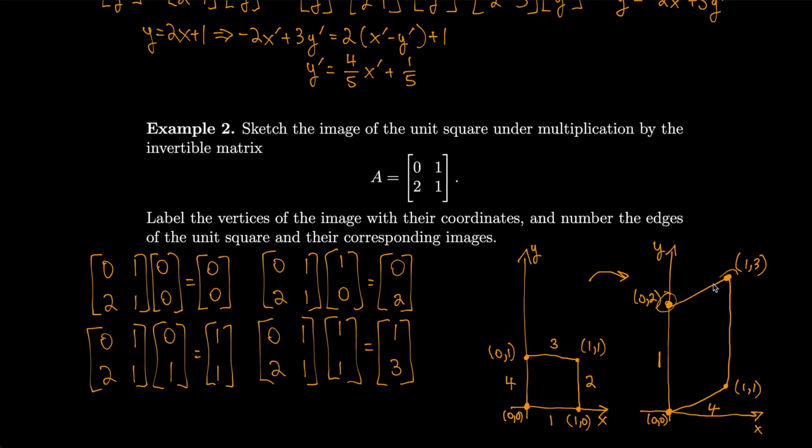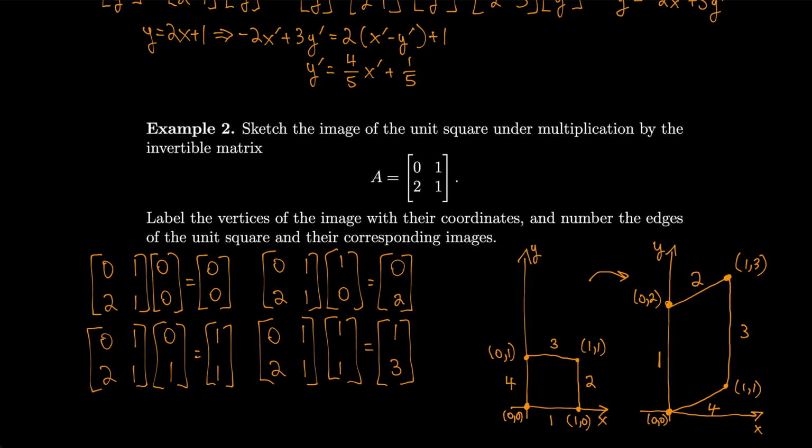So (0, 2) went to (1, 3), when (1, 0) went to (1, 1). So this is number 2. And you can see that this last one will be number 3, because (0, 1) went to (1, 1), (1, 1) went to (1, 3). So yeah, this is number 3.